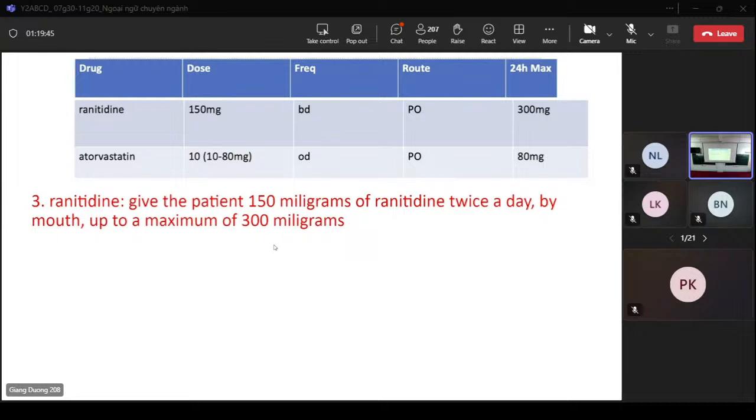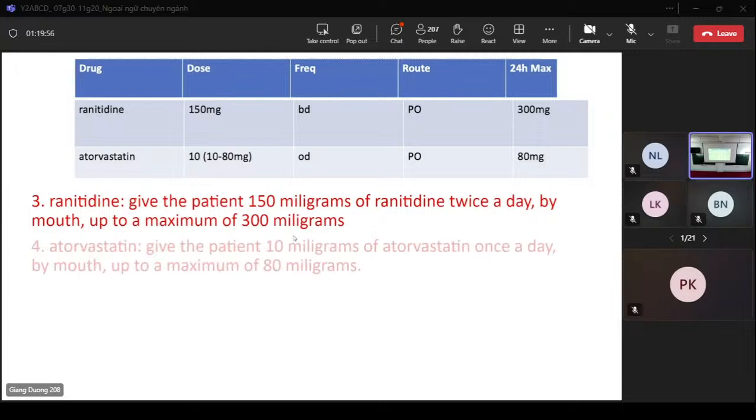One hundred 50 milligrams, BD twice a day, by mouth, 300 milligrams. And the last one, OD once a day. Okay.